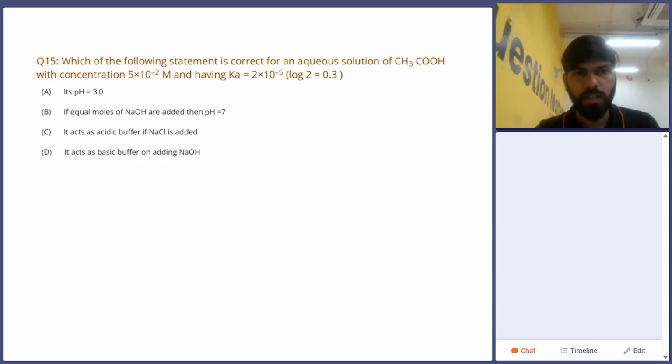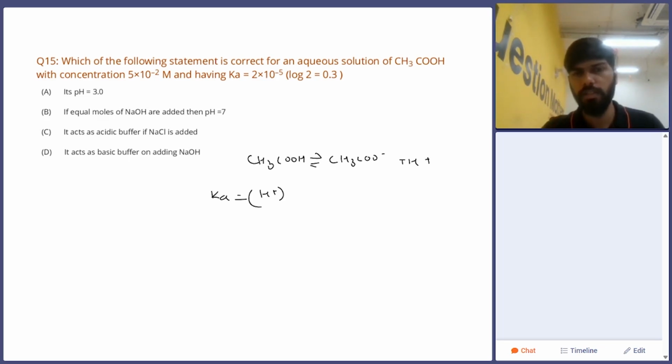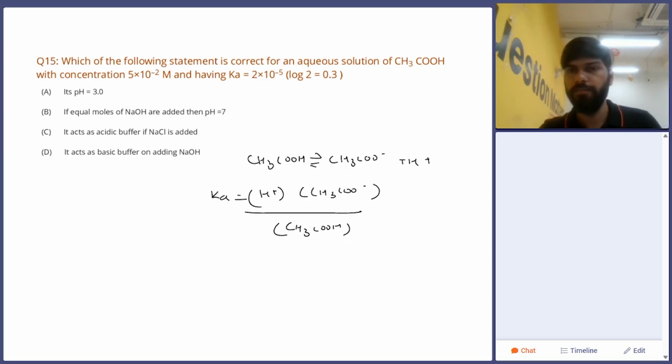Next, which of the following statements is correct for an aqueous solution of CH3COOH? It is a weak acid, dissociating into CH3COO minus plus H plus. So Ka is H plus times CH3COO minus upon CH3COOH. Clear this point?